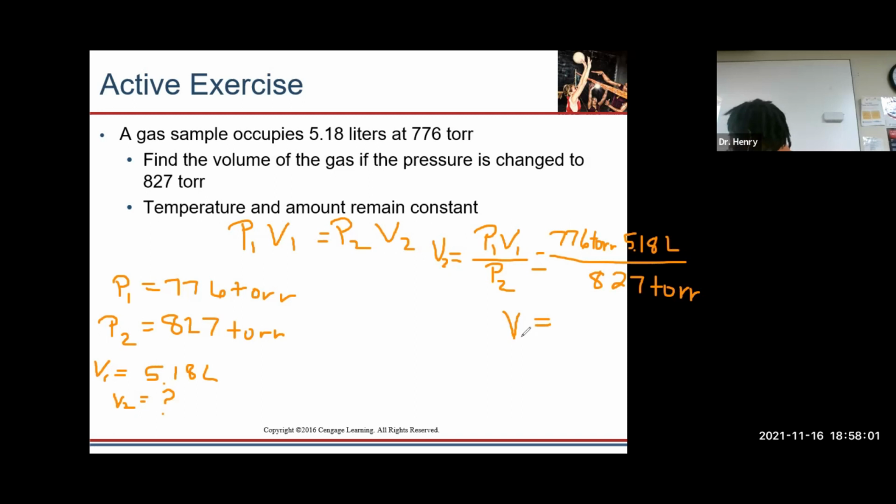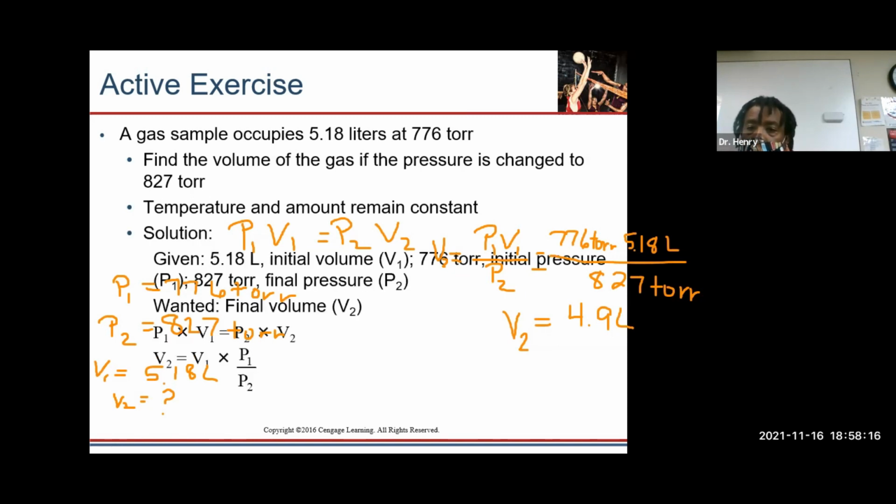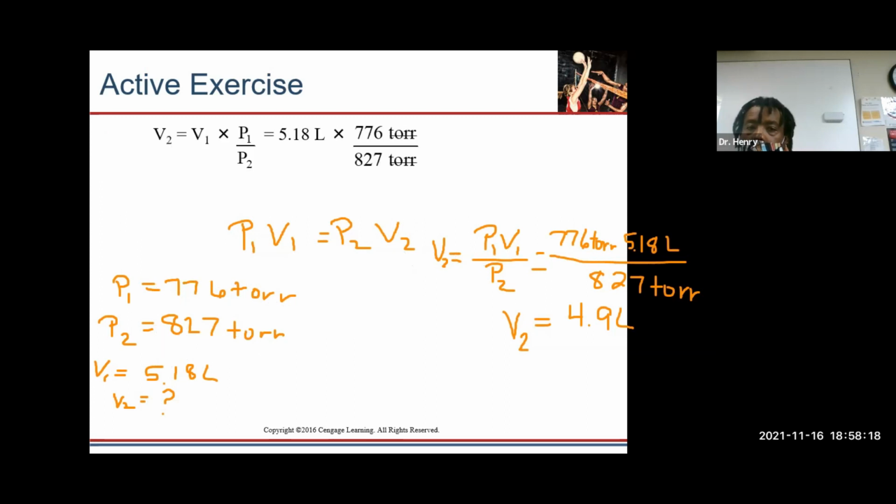Is that 4.9? So we should have 3 sig figs, right? 4.86 or 4.86?